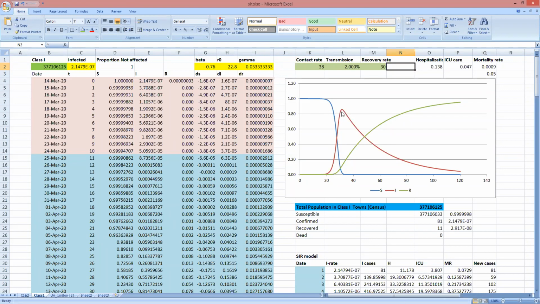Here I've taken the ratio S by N, I by N. Now, as a result of the lockdown and social distancing, the contact rate gets reduced to, let us say, 10 people. Now look what happens. As soon as I change this from 38 to 10, beta will change. See how the curves change.